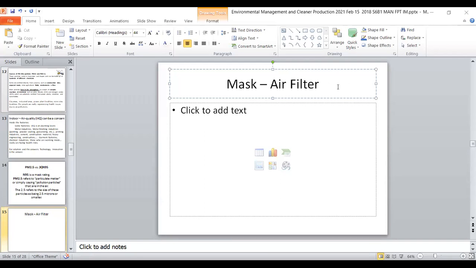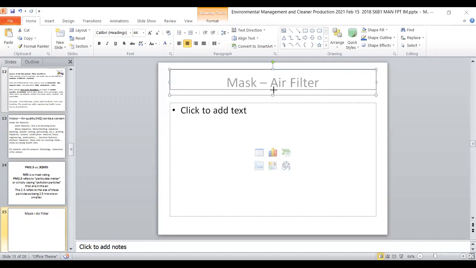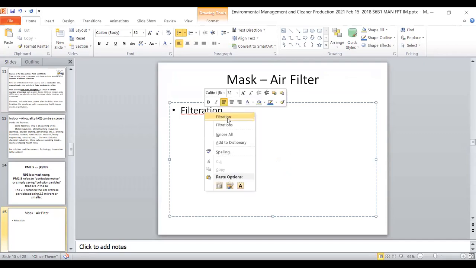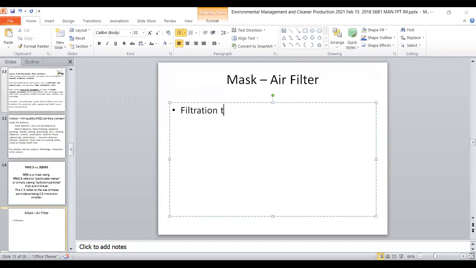There can be different filter technologies, filtration techniques. You have to understand this as well. You should explore this.